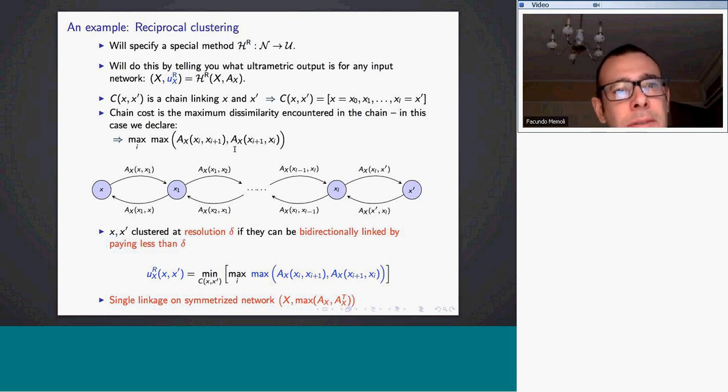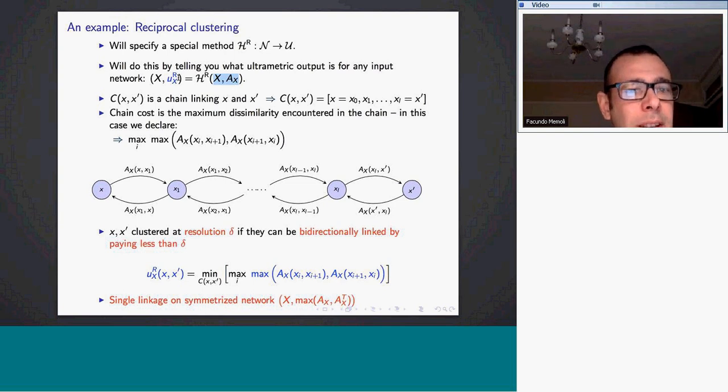Well, there is a method that satisfies both axioms. We call it reciprocal clustering, H super R. Taking a network X, A_X, we write the output as X, U_X^R.